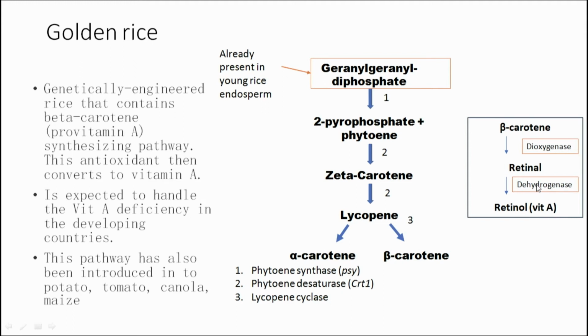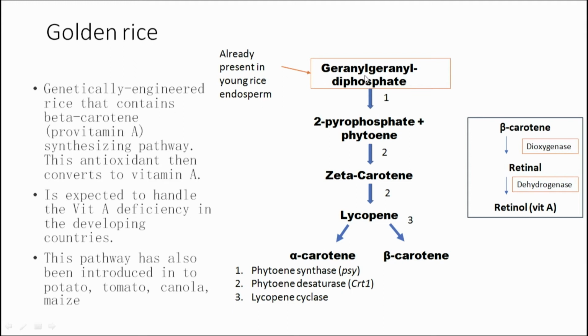However, the rice crop does not really make beta carotene per se, or the enzymes which are present are in very, very low quantities, as a result of which it cannot make beta carotene. So through genetic engineering, you give the rice crop the ability to synthesize beta carotene. Now, let me explain this particular pathway in the middle.